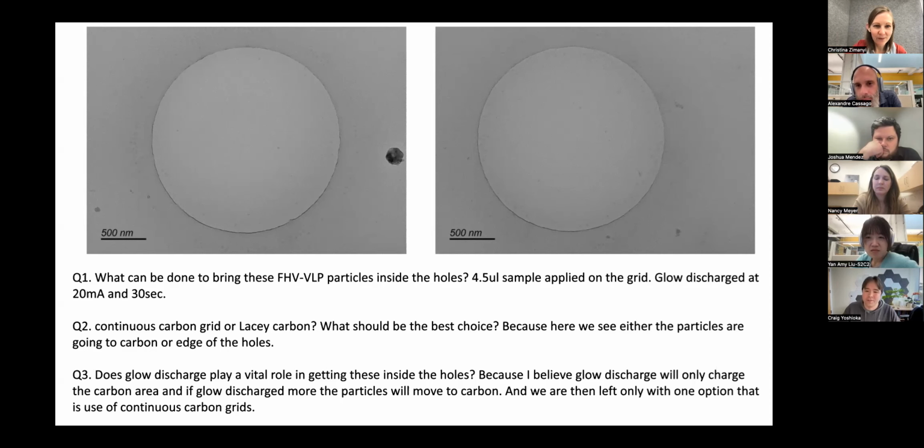Then when you start looking at your grids with your actual samples and you have a question, for example, of why there aren't any more particles in your holes, you can look over the carbon and really quickly tell, oh, that's where all my particles are, or maybe they're not there either, right? So I think it's good to be able to gauge what clean carbon looks like.